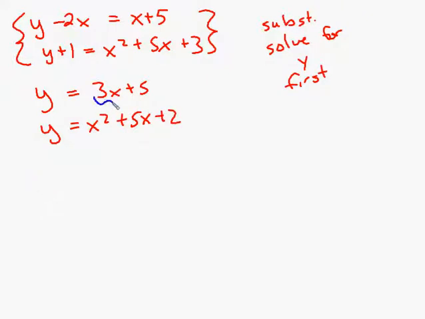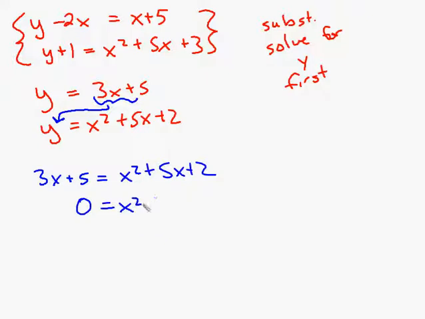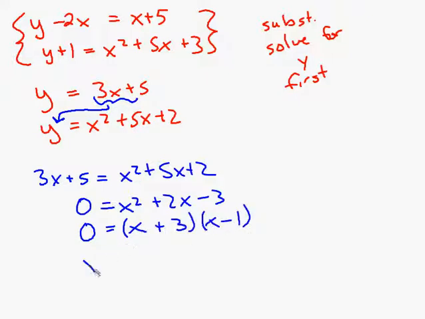Now I take this stuff, get everything to one side, and this does factor, plus 3 and minus 1. So x equals negative 3 and x equals 1.